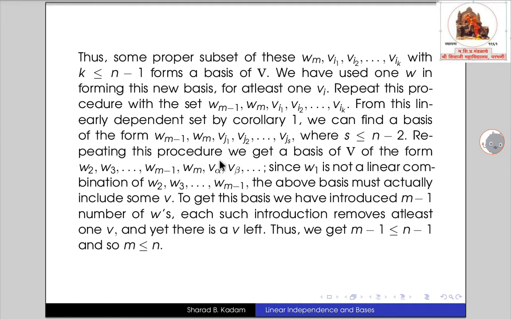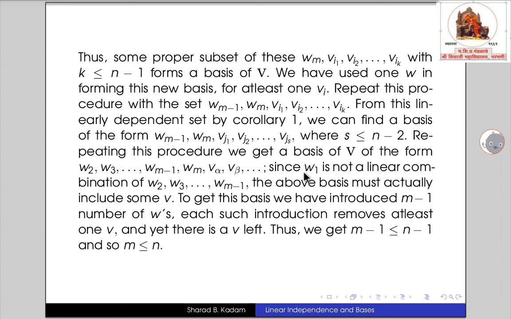So we repeat this procedure and we will get a basis of V of the form w2, w3, and so on, w_{m-1}, wm, v_alpha, v_beta, and so on.